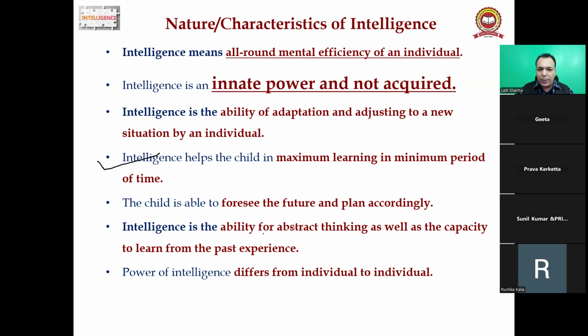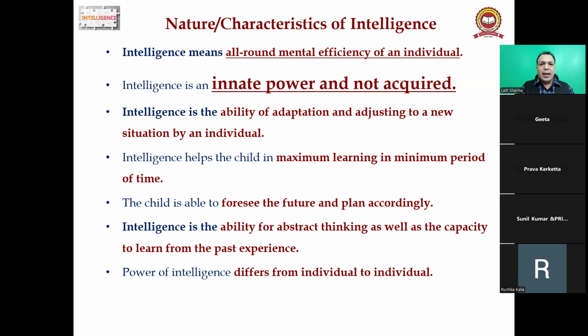Intelligence is the ability for abstract thinking, as well as the capacity to learn from past experience. The person who learns from past experience will be more intelligent. Power of intelligence differs from individual to individual.